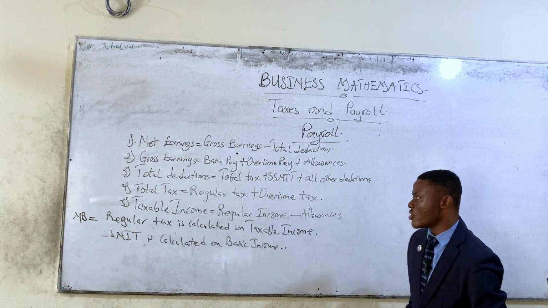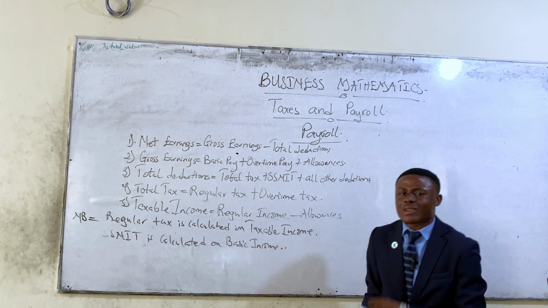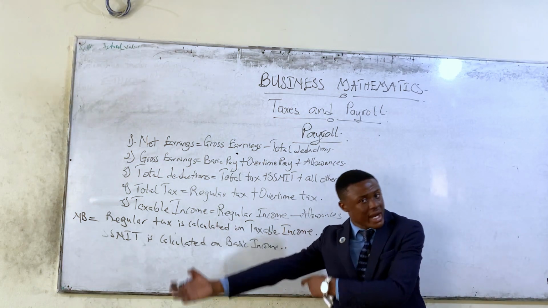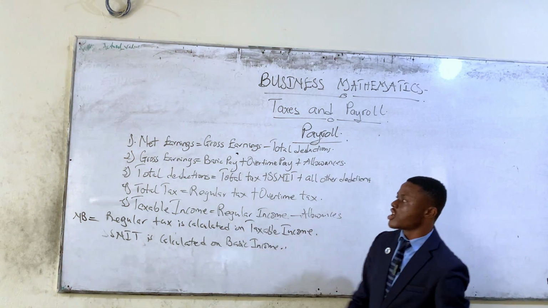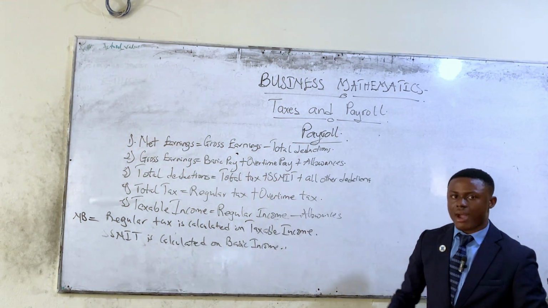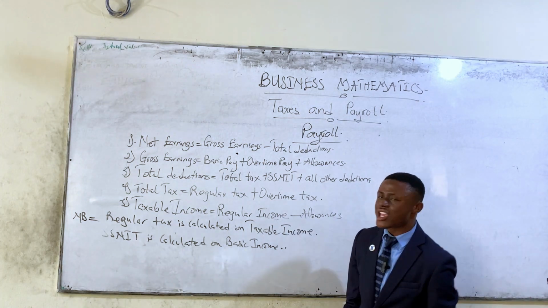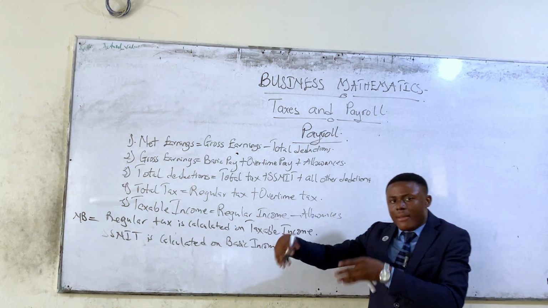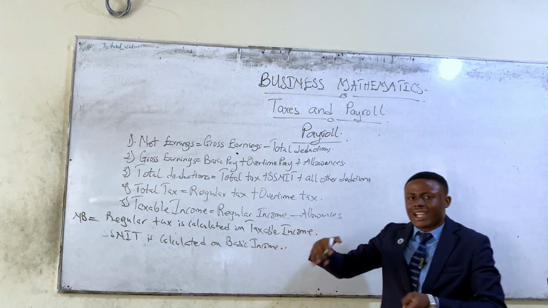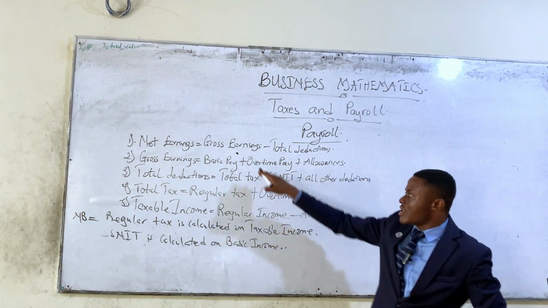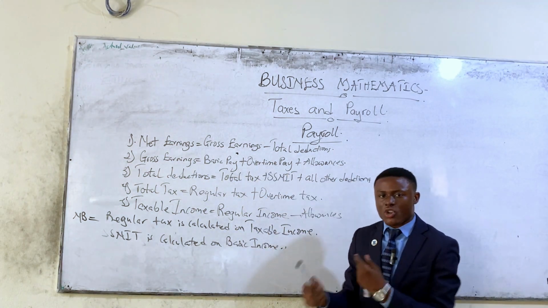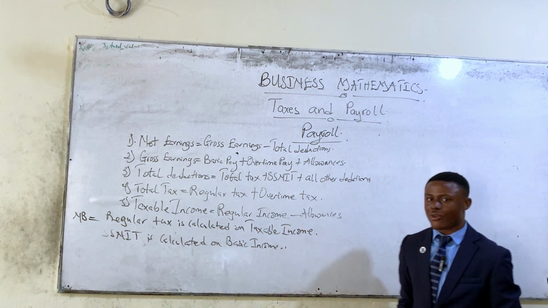Hours. Are we good? So your overtime hours multiplied by the overtime hourly rate is what will give you what? Your overtime what? Pay. But you have to multiply your overtime tax rate by what? The overtime pay to get what? The overtime tax.